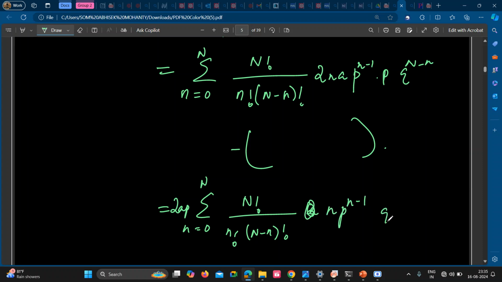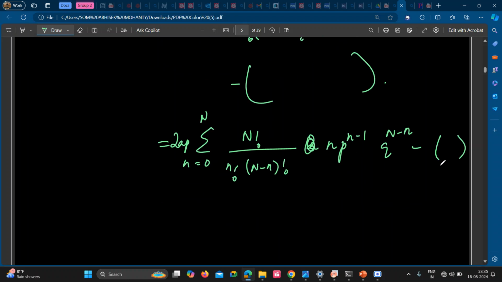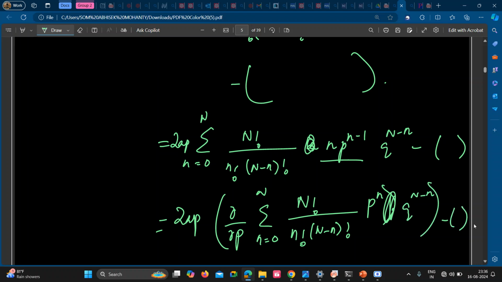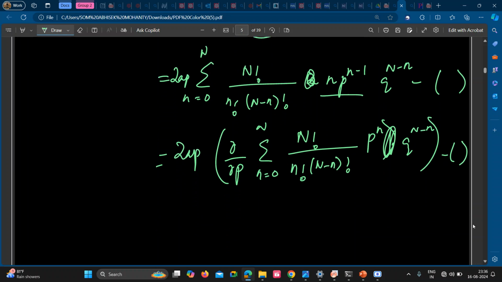Can I write 2ap del by del p of summation n 0 to N, N factorial by n factorial, N minus n factorial p to the power n? Del by del p of p to the power n is n into p to the power n minus 1, right? So I just did that, minus whatever remains.